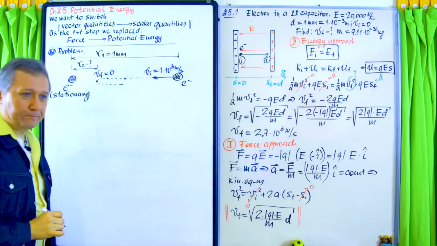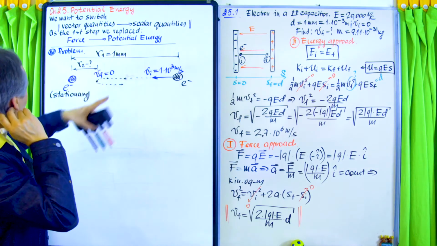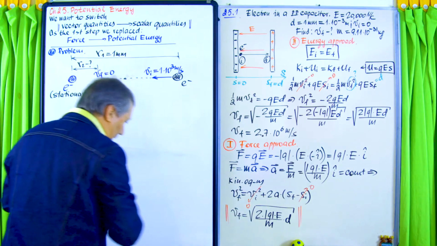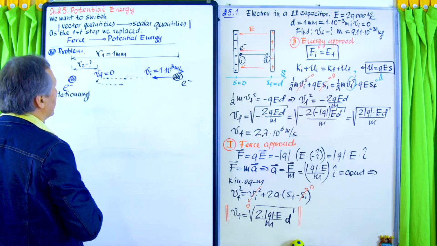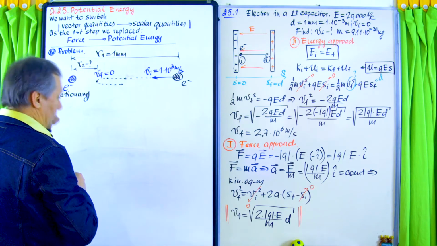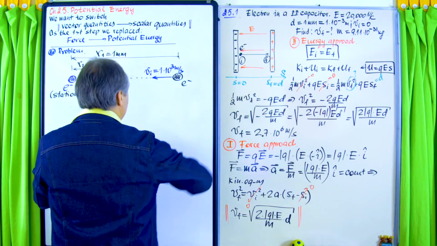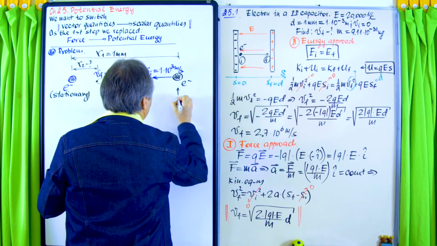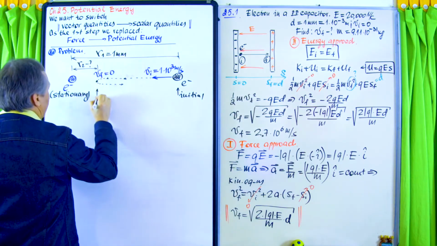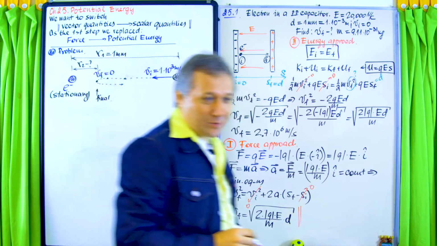V initial. Still I use R1, R2. Okay, it's not a big deal. And what else I need to show you? Let me check in my notes. Yeah, I wanted to write, so here it's the initial position. So initial. And this is final. Okay, so now everything is on the board.